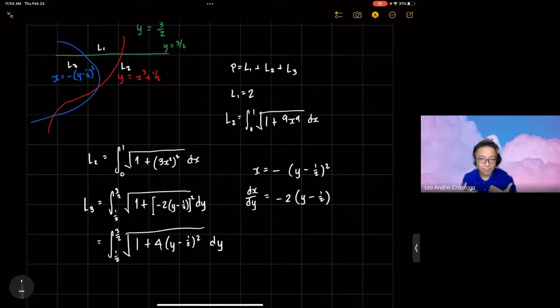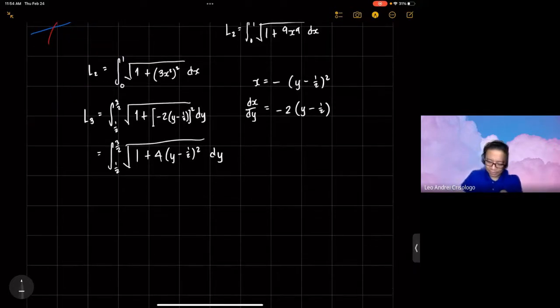And we'll stop here kasi we're just setting this up. We're not intending to evaluate the definite integral talaga. So the perimeter is L1 plus L2 plus L3. I guess yung gusto ko ipakita sa example na to ay pwede natin siyang i-apply yung formula kahit hindi function if we take the integral along y. It's equal to 2 plus the definite integral from 0 to 1 of the square root of 1 plus 9x to the fourth.